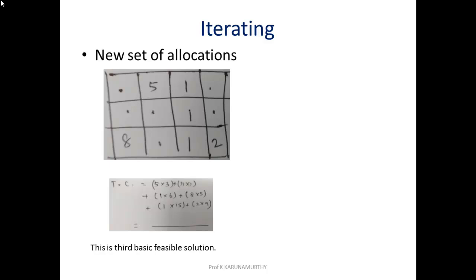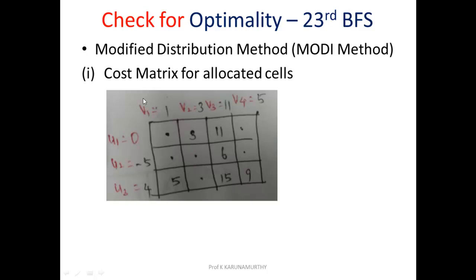So for this allocated cells from the original matrix, I will be writing the cost values. Then we will apply UV. If you write the cost value for the allocated cells, then these are the cost values corresponding to the allocated cells, and we are going to apply U and V.